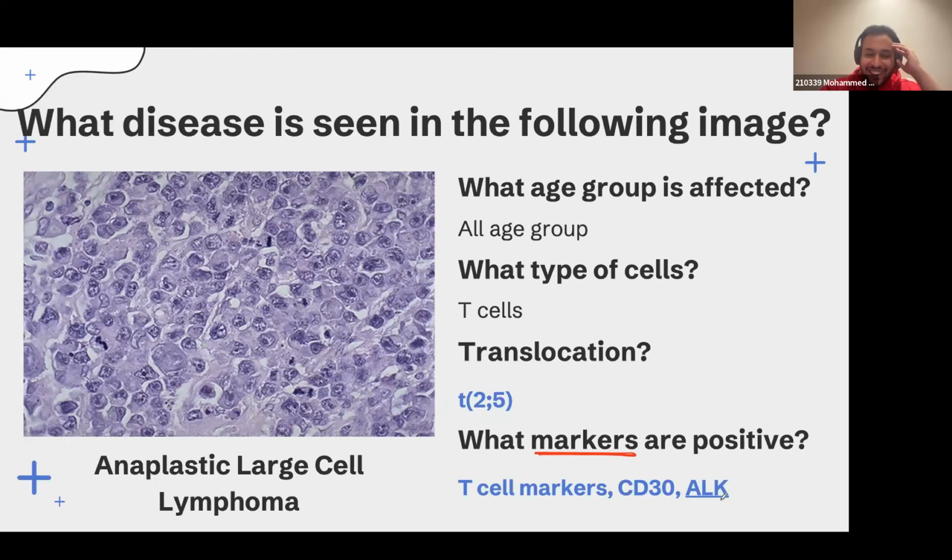Okay. ALK is positive, very important to remember in anaplastic large cell lymphoma. And basically what you look at in the slide itself is they're anaplastic cells. Well, many doctors say that this is a very ugly tumor. You don't know what you're looking at. I do not know what to tell you about this slide. Just very ugly. Anyways, 2;5 translocation and ALK, anaplastic. Okay.